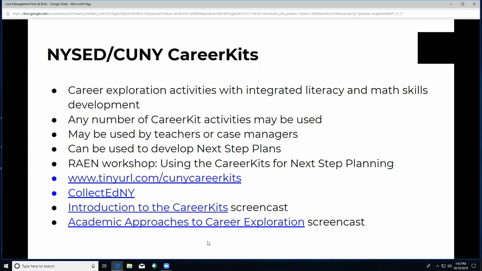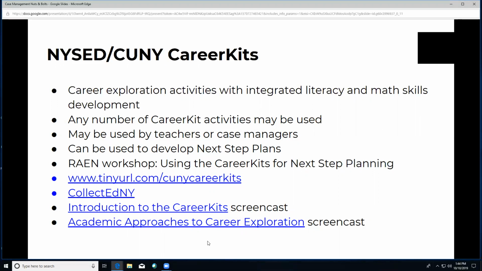And, you know, we created the career kits in this way because especially for HSC teachers, it's really a huge project to get students to pass the task exam, and adding career exploration is a lot. And so we said, okay, we can do 2 things at the same time.